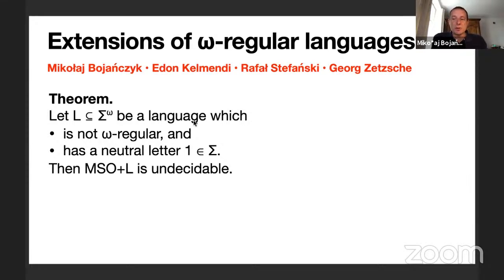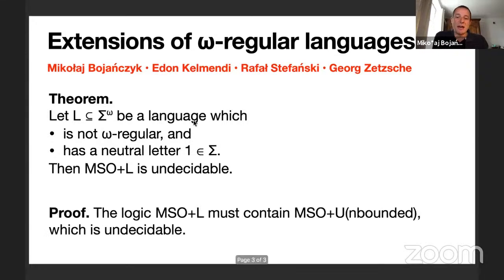When I say MSO plus L, I mean you add to MSO a predicate which inputs a word and tells you if that word belongs to the language L. And by saying a predicate inputs a word, I mean you can view an omega word as a tuple of sets, one for each letter, which says on which positions the word has a given letter.